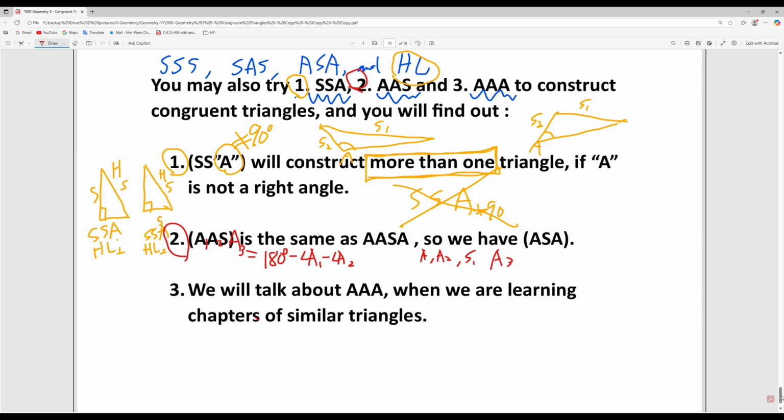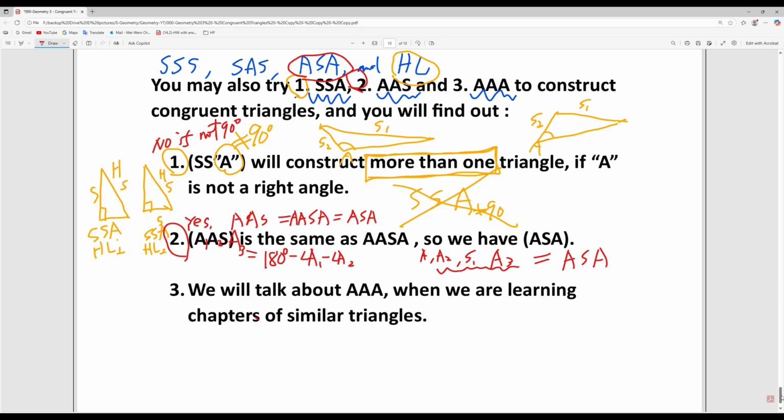Since you already have angle 3, then you have ASA. See? ASA is one of the parameters that we can use to guarantee there's only one congruent triangle. So number 1, I said no, if not 90 degrees. And number 2, I will say yes. AAS equals ASA. So yes.